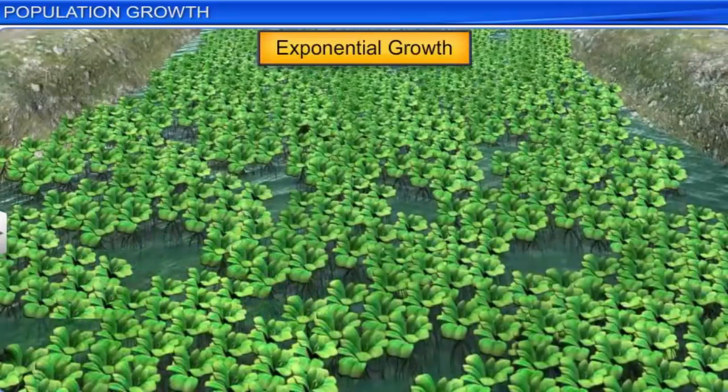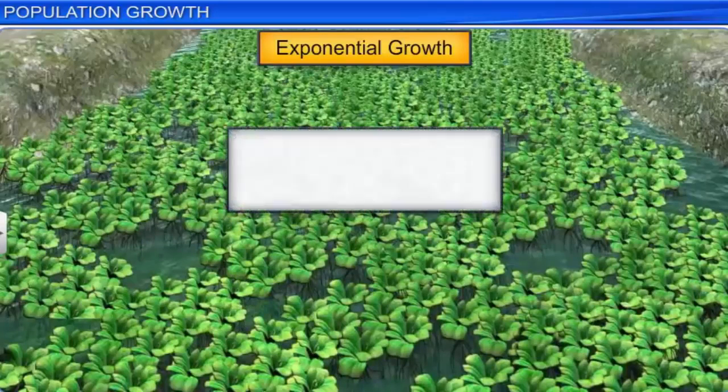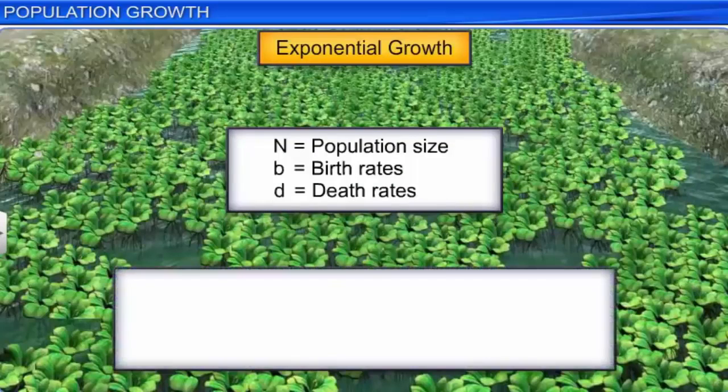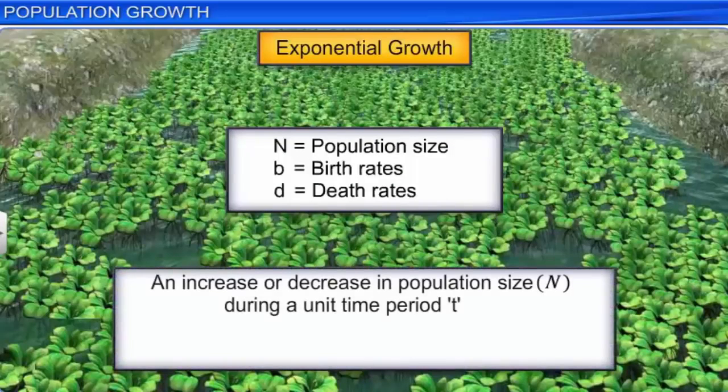Considering the population size as N, birth rates as B, and death rates as D, the increase or decrease in population size during a unit time period T is as shown.